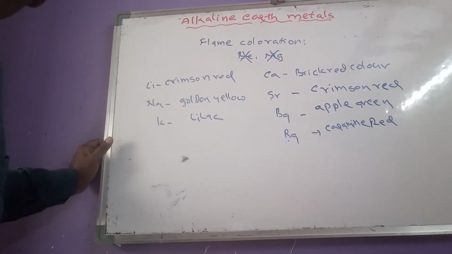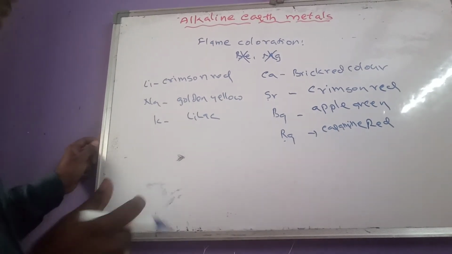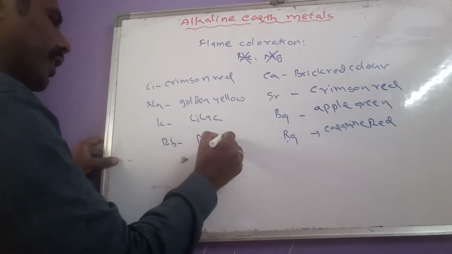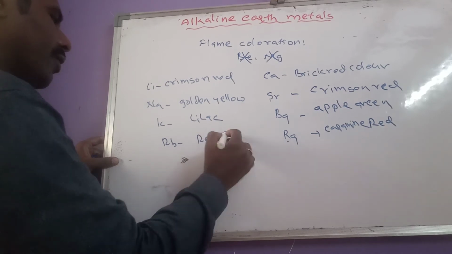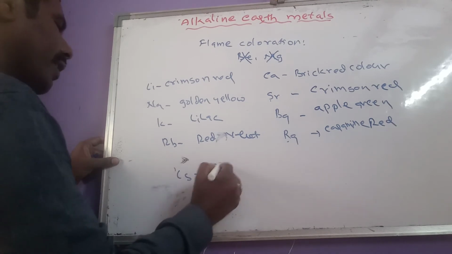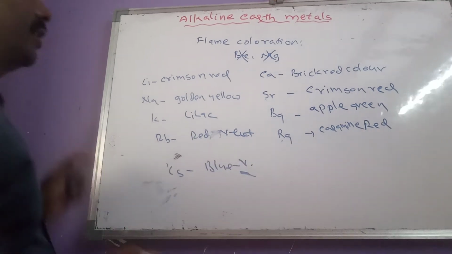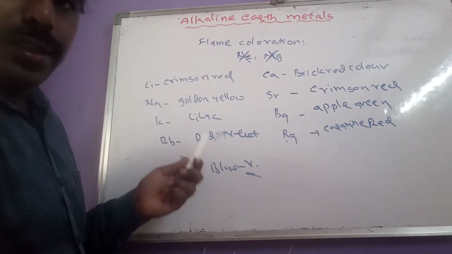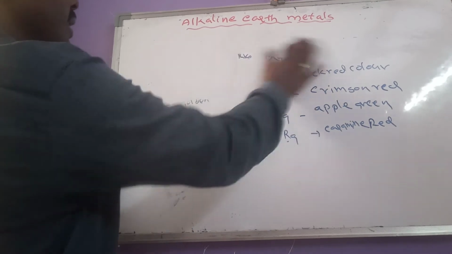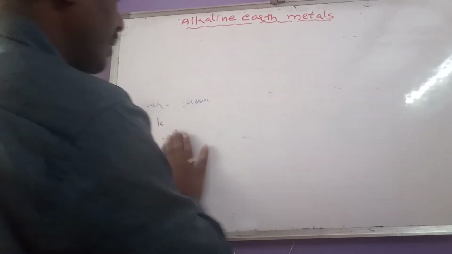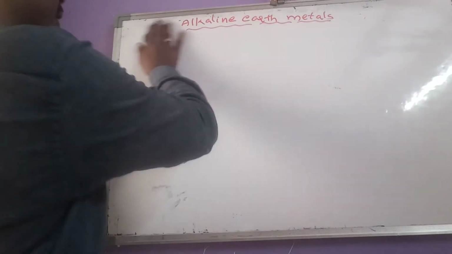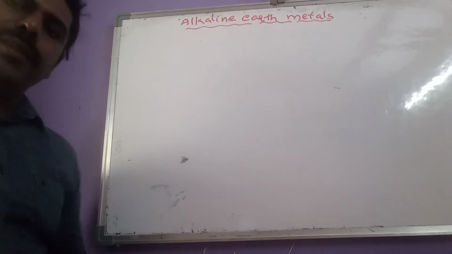Then rubidium is having red violet color. And cesium is having blue violet color. So these are the colors of alkali metals and alkaline earth metals. This is regarding flame coloration.